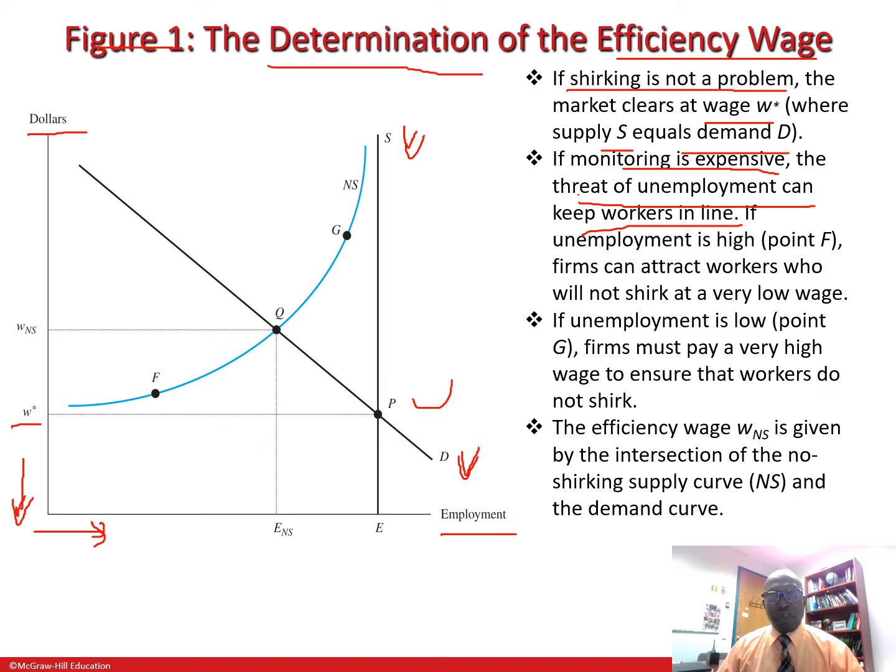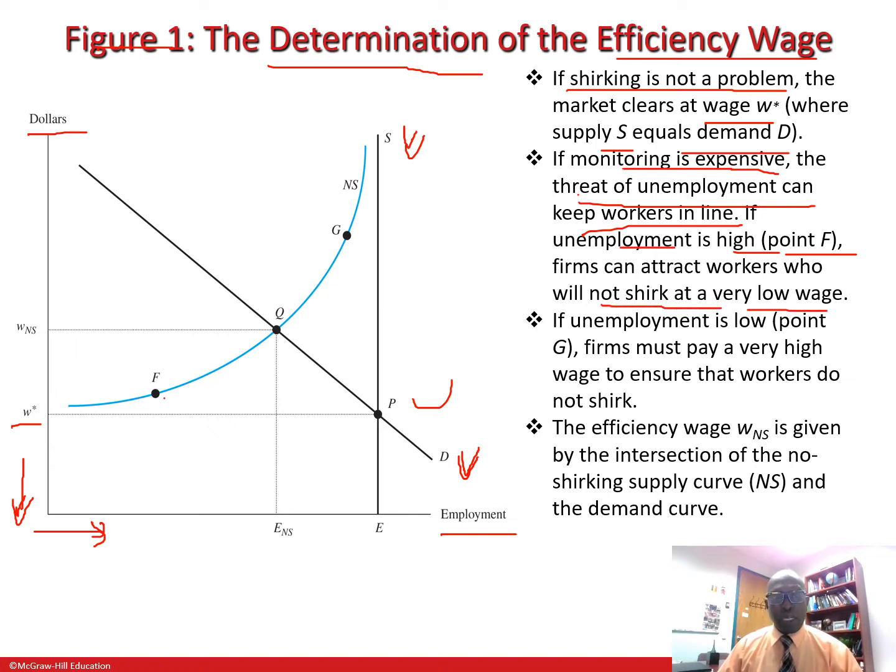For instance, if unemployment is high, at a point like F, then the firm can attract workers who will not shirk at a very low wage.